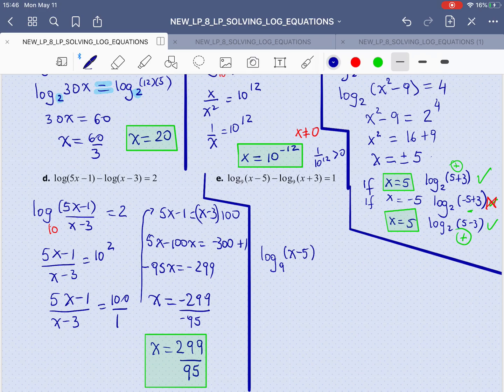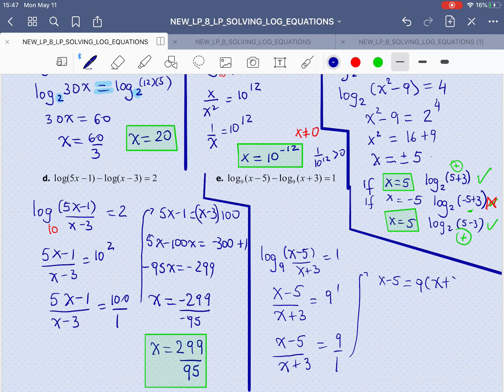So log with base 9 of x minus 5 divided by x plus 3 equals 1. So x minus 5 over x plus 3 equals 9 to the power of 1. x minus 5 over x plus 3 equals 9 over 1.